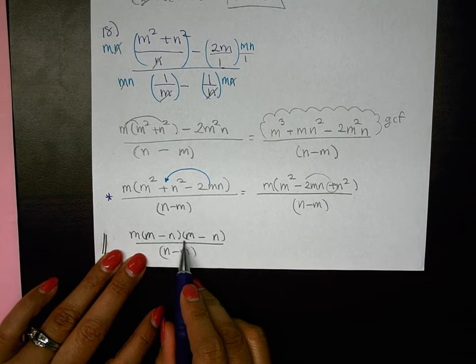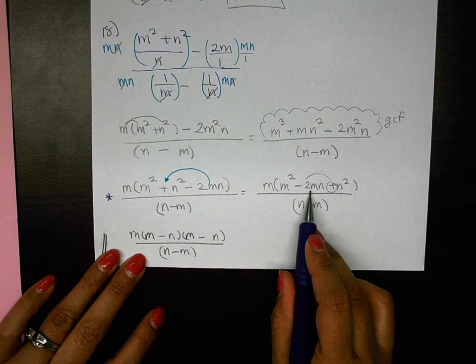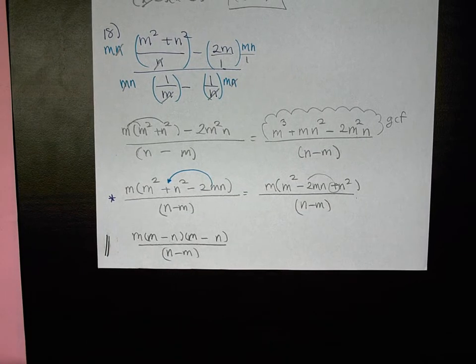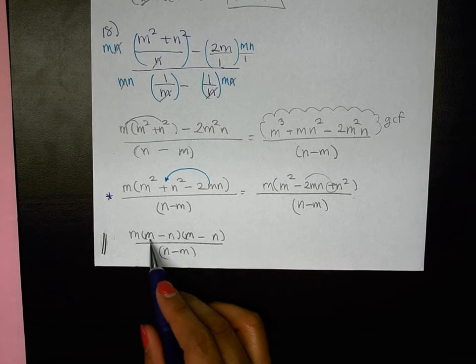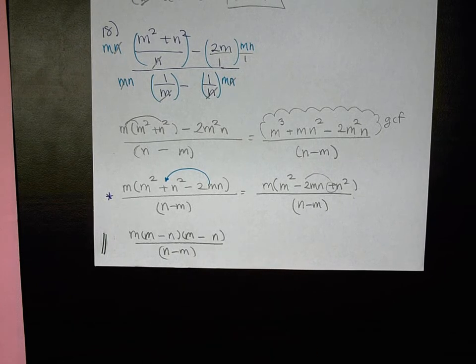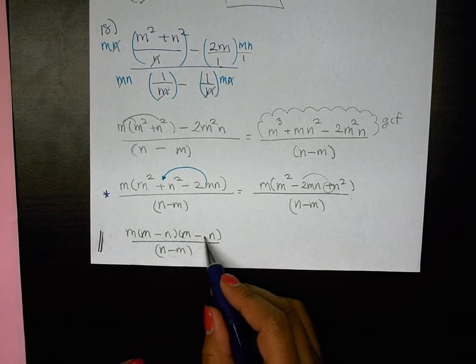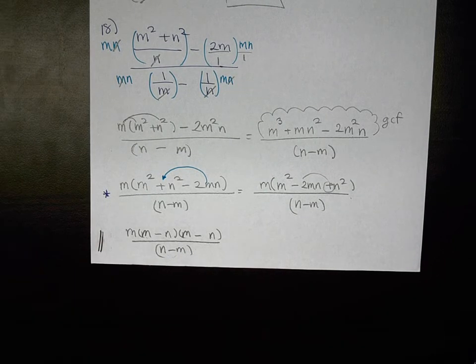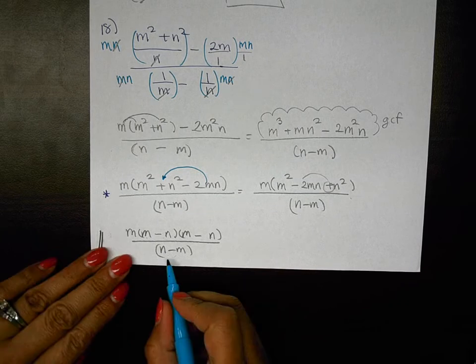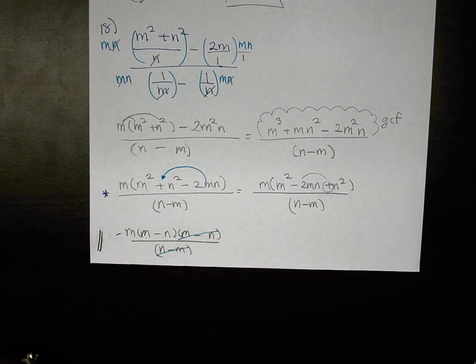Negative mn, negative mn gives me the negative 2mn, so it works. I look, it doesn't matter which two you pick because they're all three going to match, but I'm going to pick these two. These two are opposites, m minus n and n minus m. They're opposites. So remember, how do I know they're opposites? They're flipped on a negative sign. When I reduce opposites, negative kicks out to the front.